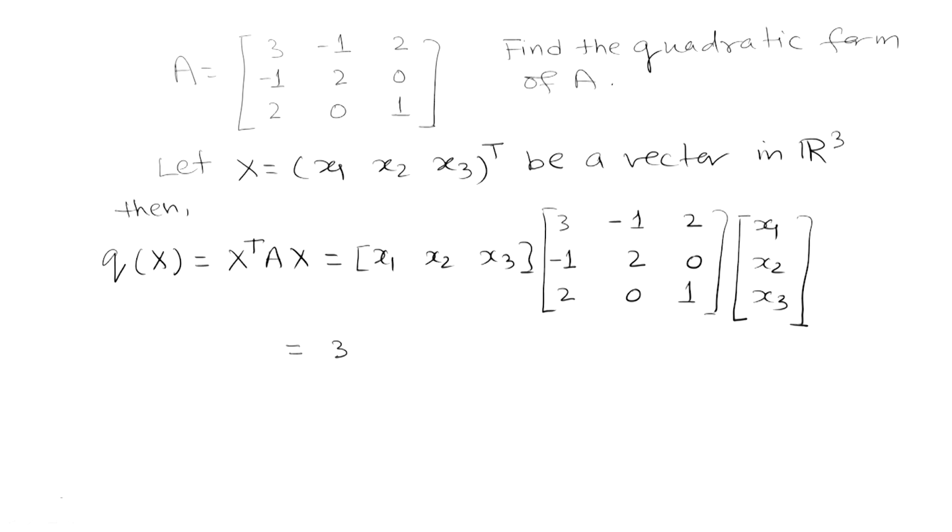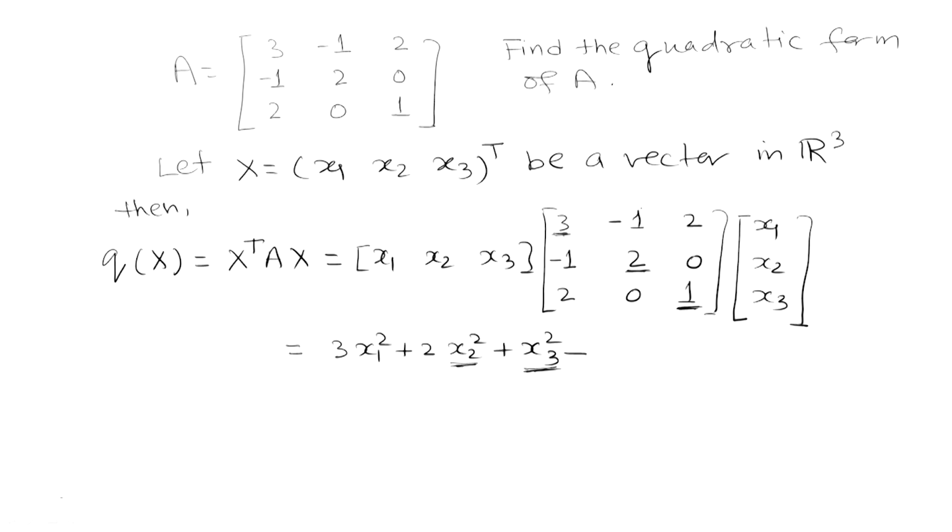So, this comes out to be 3 x1 square plus 2 x2 square plus x3 square, because these square terms will be just multiplied with the diagonal elements. The diagonal element of the first row will be the coefficient of x1 square, the diagonal entry of the second row will be the coefficient of x2 square, the diagonal entry of the third row will be the coefficient of x3 square.